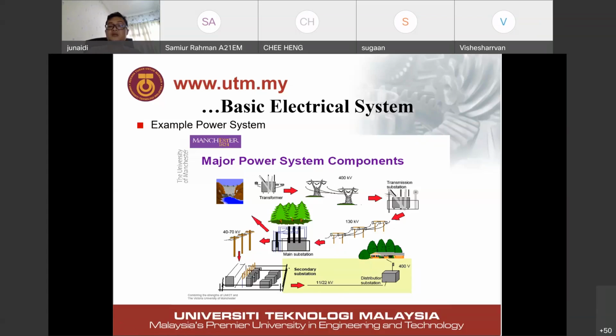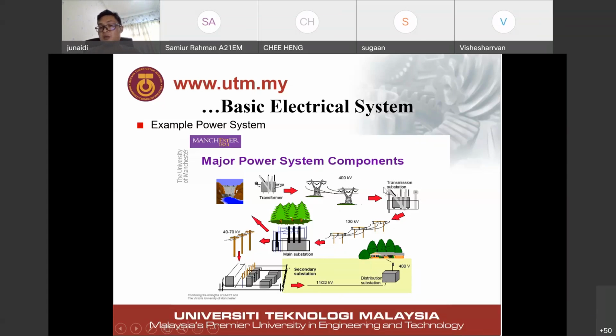So the reason why we increase the voltage is that we want to reduce the losses, because the losses are equal to I squared R. When you increase the voltage, the current is reduced, and since losses equal I squared R, when we reduce the current, you reduce the losses.